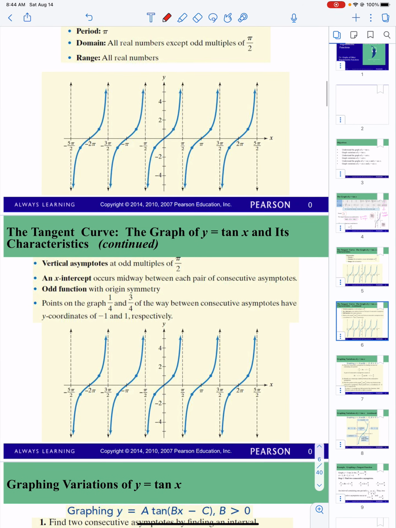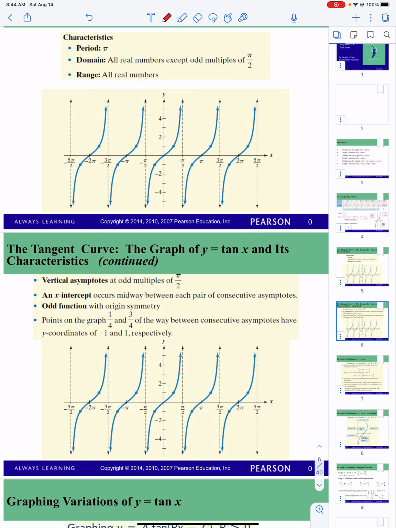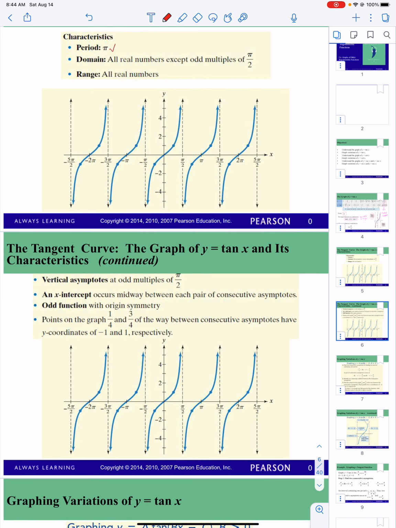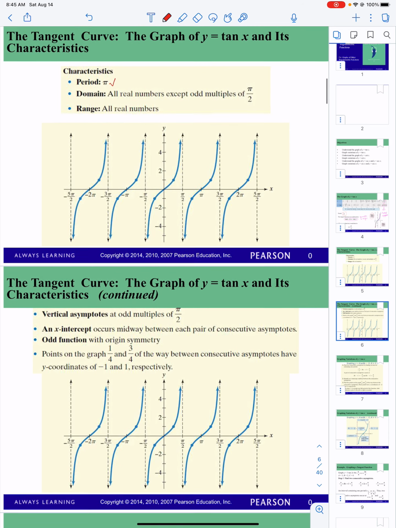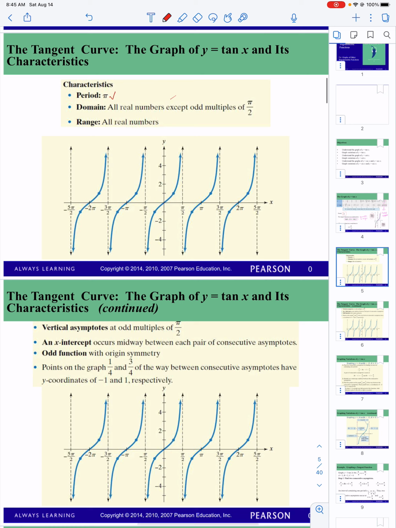So what do you know about tangent x? The period is pi, and the domain. What will be the domain? It is all real numbers except the odd multiples of pi over 2. So let's combine these two things together: the vertical asymptotes and the domain.